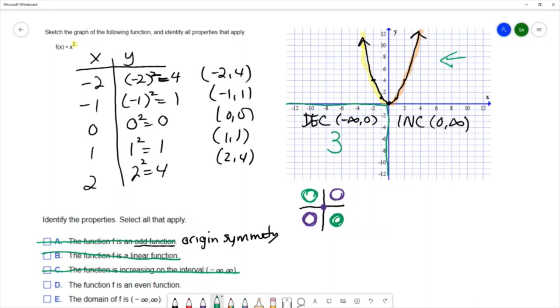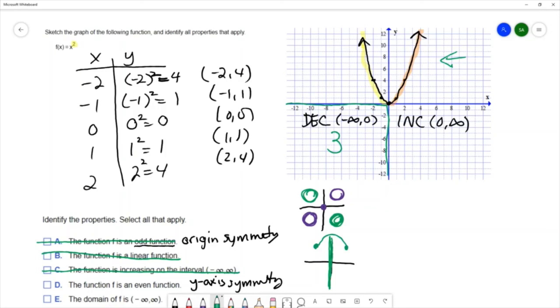The next statement says the function is an even function. An even function is a function that has y-axis symmetry. So when a graph has y-axis symmetry, you would have a mirror image folding along the y-axis, meaning that everything you have on the right, you have a mirror or reflection on the left of the y-axis.